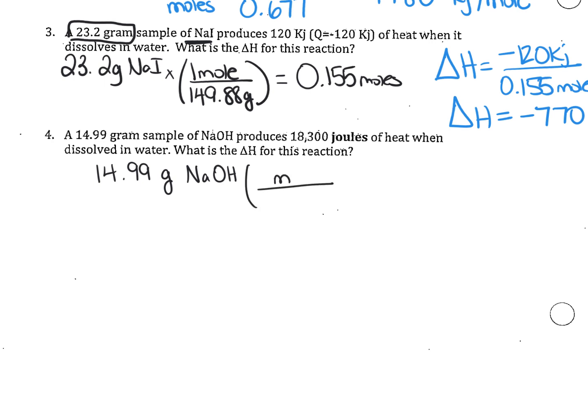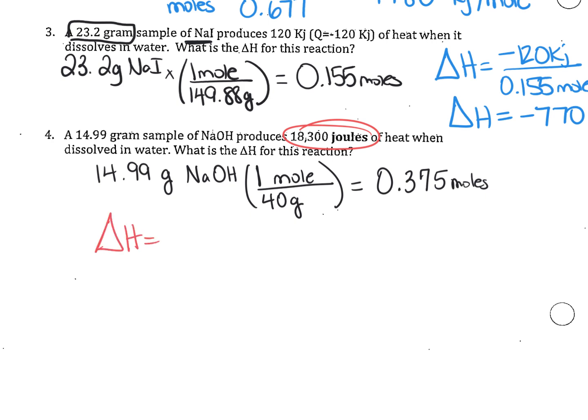I know that 1 mole of sodium hydroxide has a molar mass of about 40 grams. I use my periodic table to find that, and I find that I have 0.375 moles. Now the other piece of information, my joules, in order to calculate my delta H, I need to have my energy in kilojoules, and I'm going to divide that by my moles.